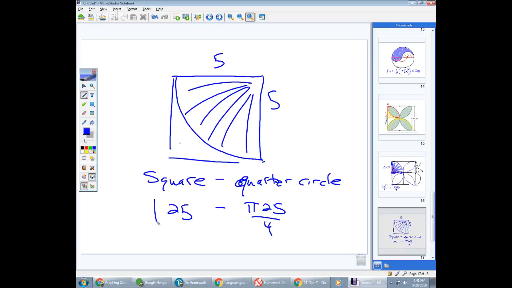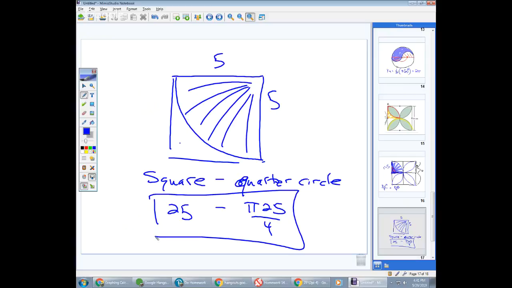Okay, so whip out a calculator and calculate 25 minus pi times 25 over 4. That is this white area right there, which I don't want in my figure. What does that come out to be?